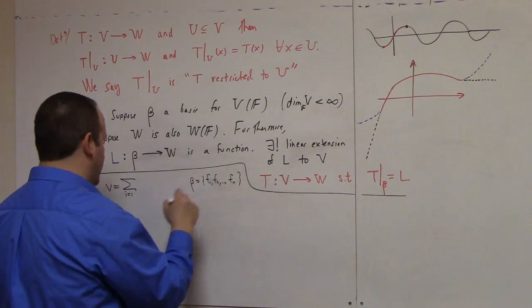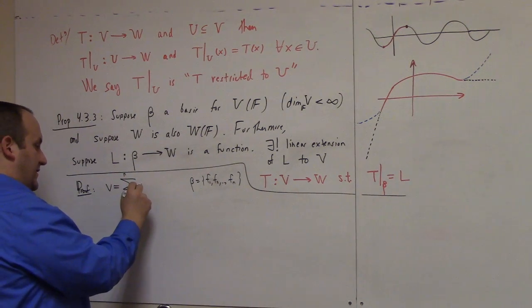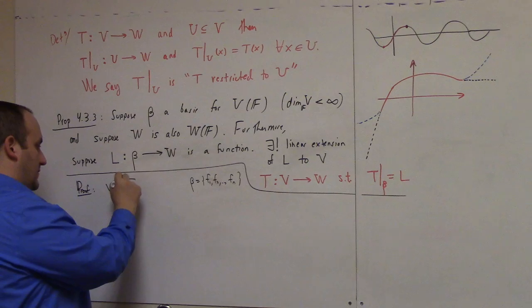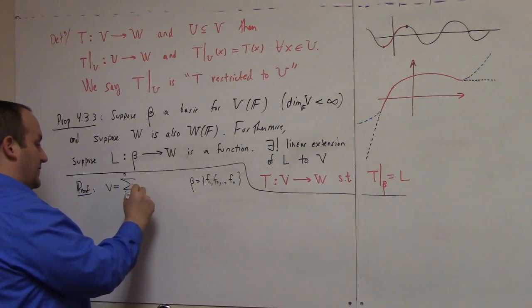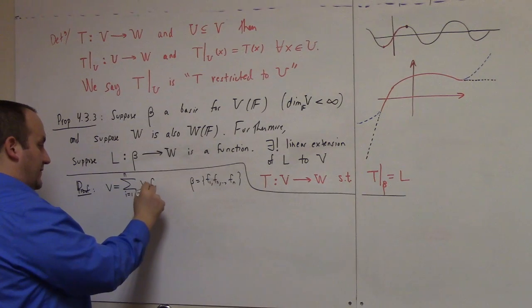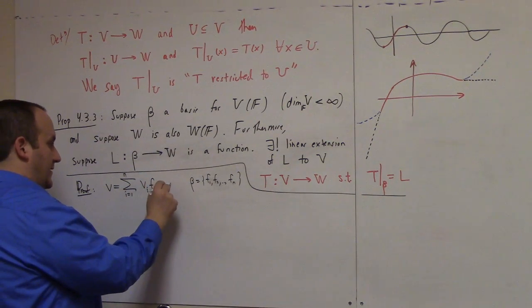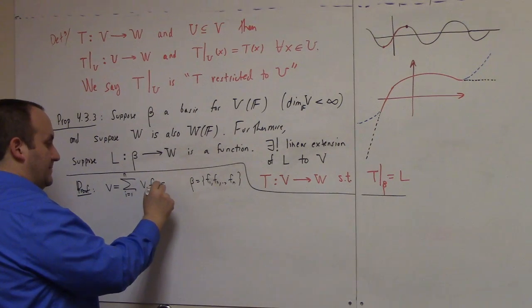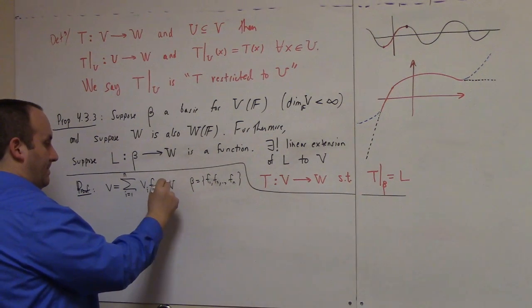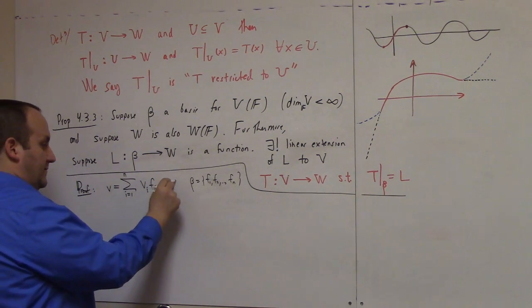There's the basis for V. So suppose v equals the sum, i equals 1 to n, of v_i f_i. That's a basis expansion for little v in big V. This is the little v, and this is the big V, the vector space.